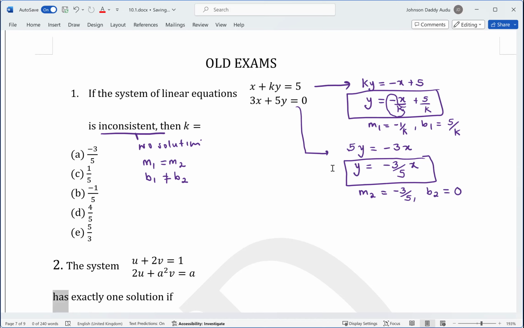All right. So now we are going to use this to find what k is. We know that since inconsistent means no solution, m1 has to be equal to m2. So m1 equals m2. What is m1? Minus 1 over k must be equal to minus 3 all over 5.